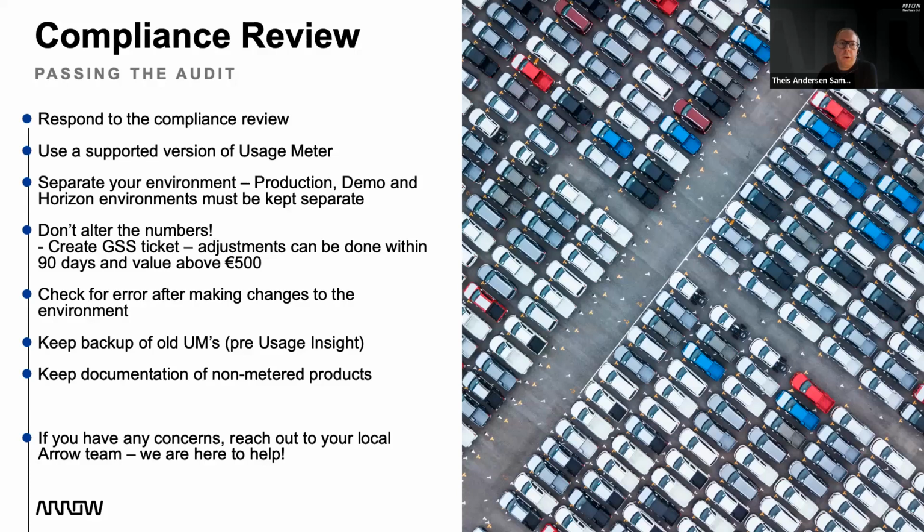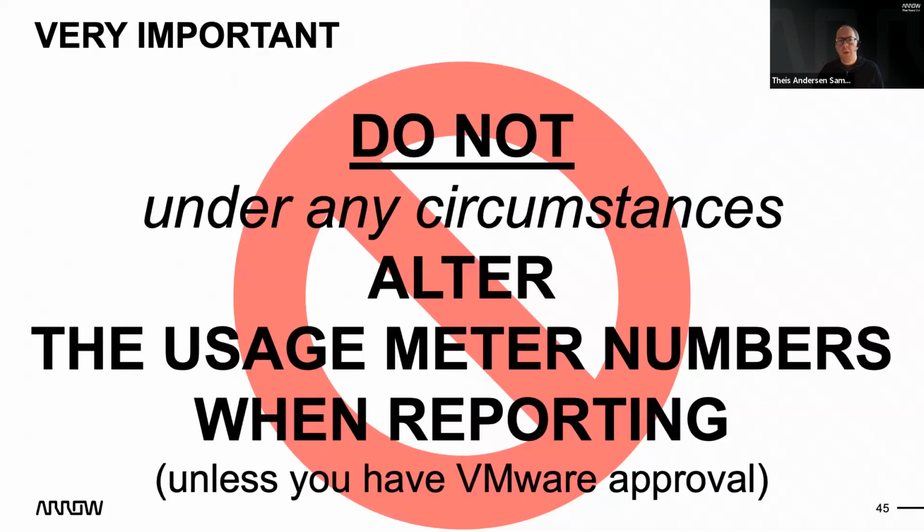Yeah, and again, what I said. So just an important reminder here, and that brings me to the next slide. Don't alter the numbers when you're reporting on the monthly billing report. Don't change the numbers in there.